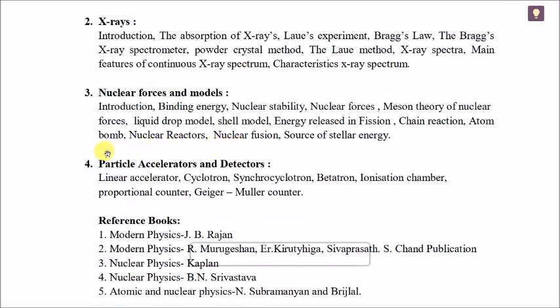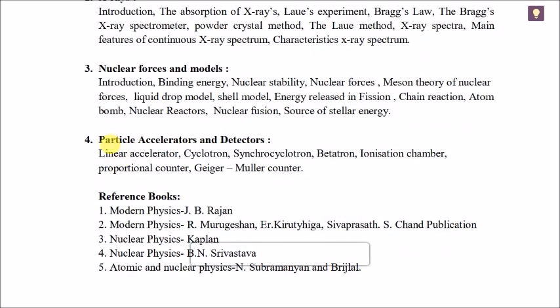Then the last chapter of this paper is the particle accelerators and detectors. We know that for nuclear reactions we require very energetic particles, but such particles are not obtained in the natural environment. So we have to take some particles and accelerate them.